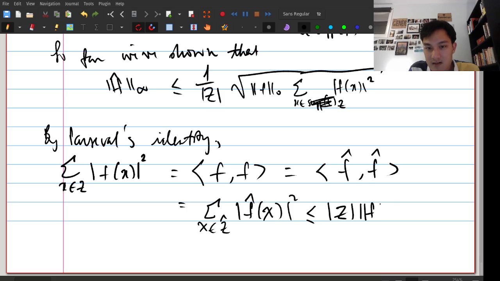We can do that by taking how many elements there are, and then the max of how big an element can be.